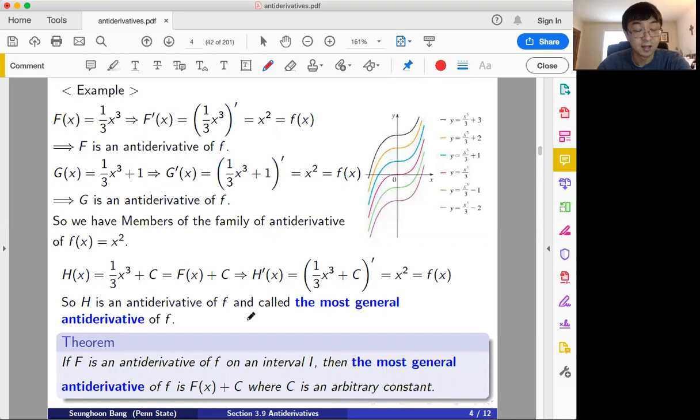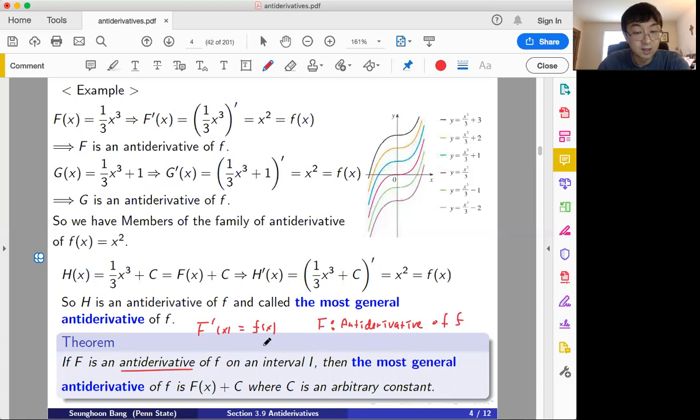I can remind you again. What is the definition of antiderivative? Here, you can take the derivative and find little f of x. We call this capital F an antiderivative of f.